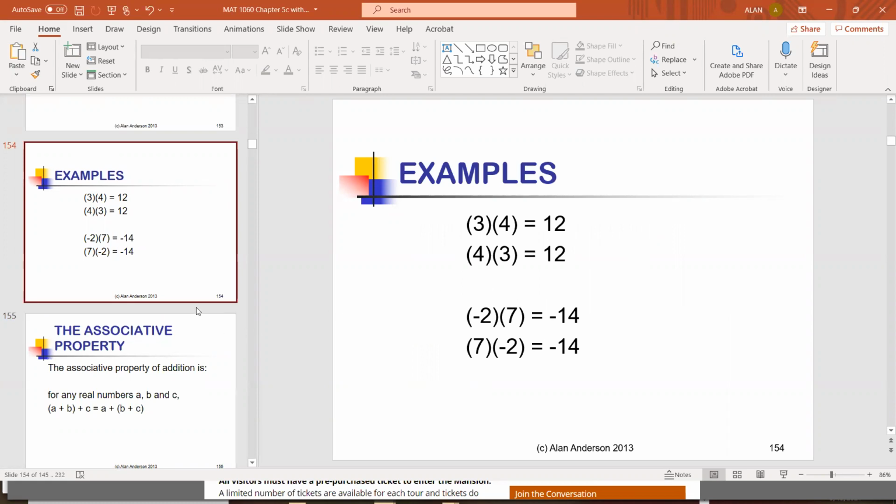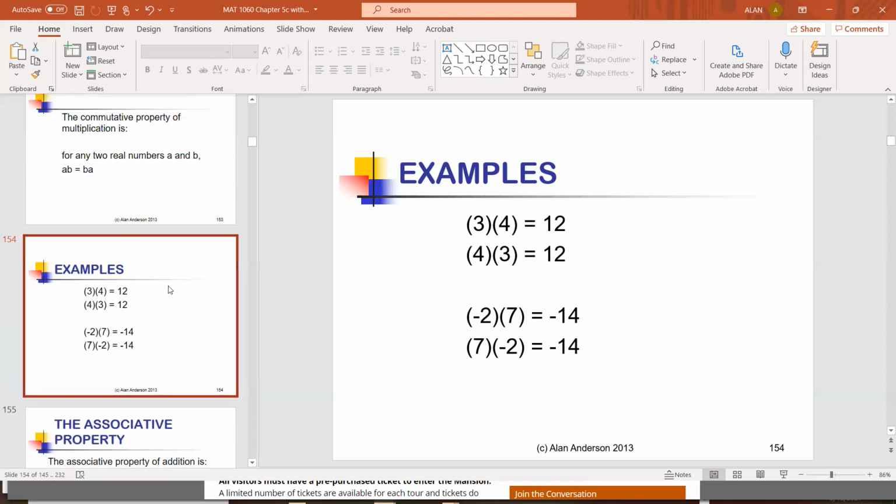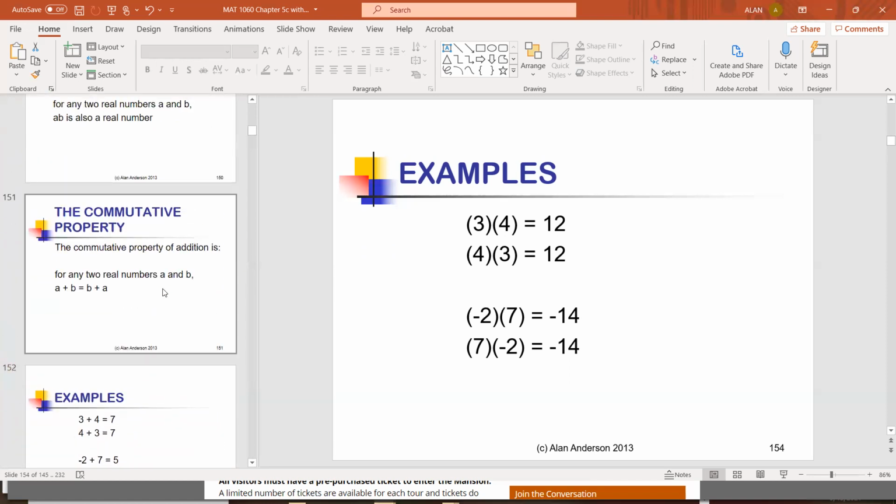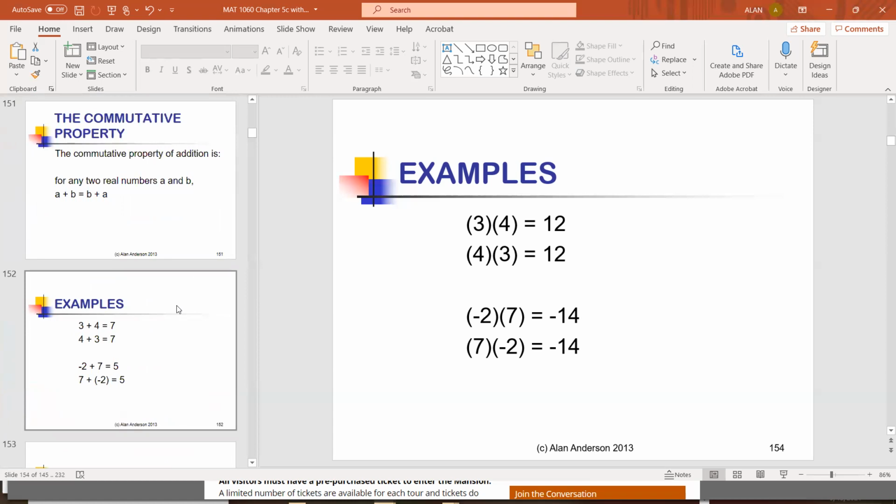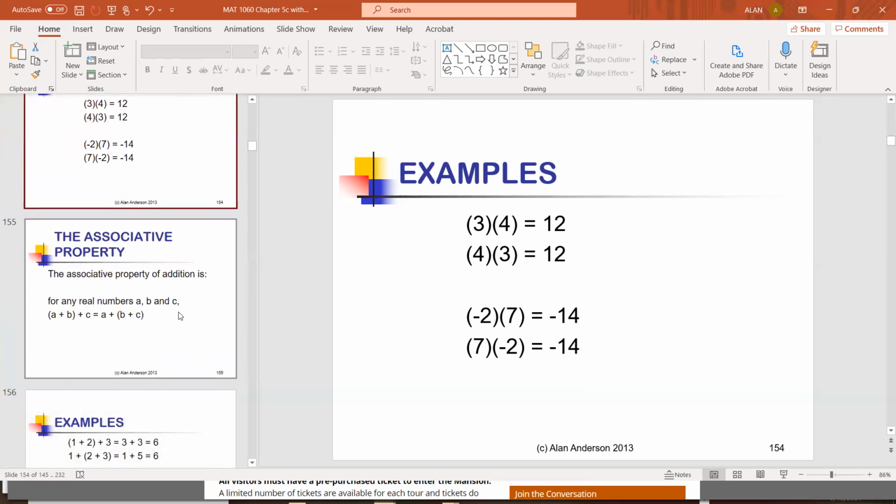Now, this raises an interesting question, though. Is it true that the commutative property applies to subtraction or division or both? Well, let's think about that.